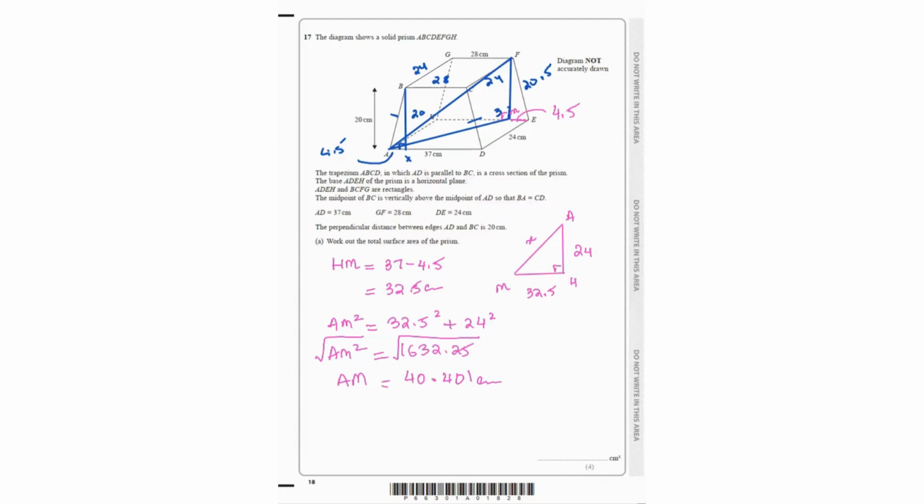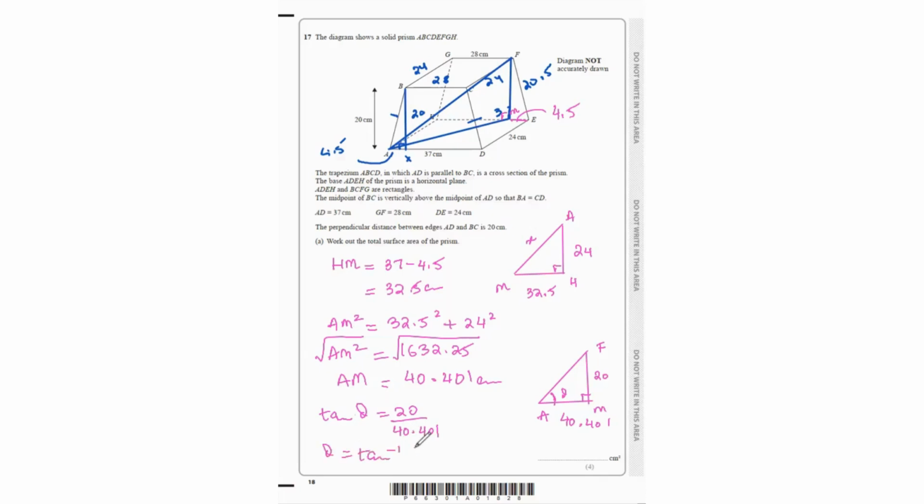So now that we have the base of this triangle, let me sketch this out over here. So that is M, A over here, and F over here. We have AM, 40.401. We have FM, that's going to be 20. We need to find this angle over here. So we'll use tan theta equals 20 over 40.401.